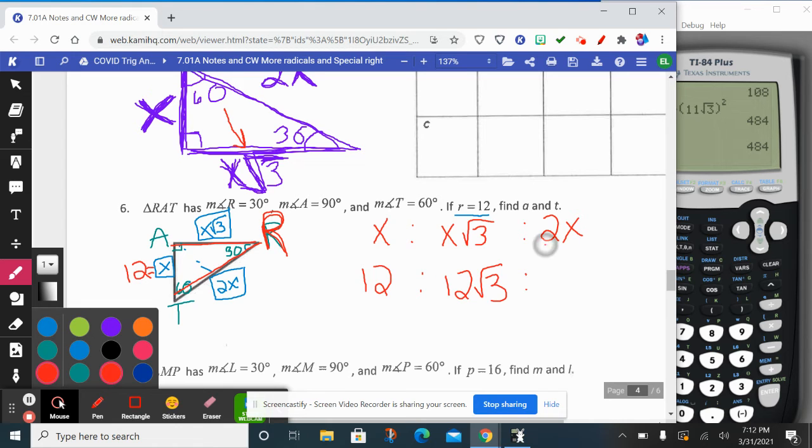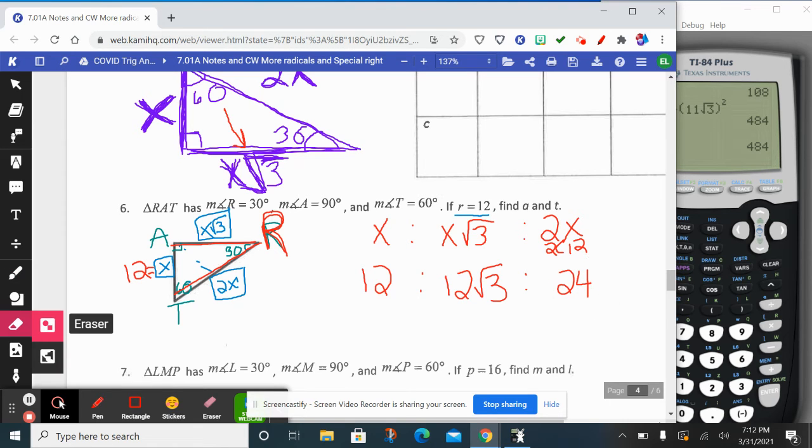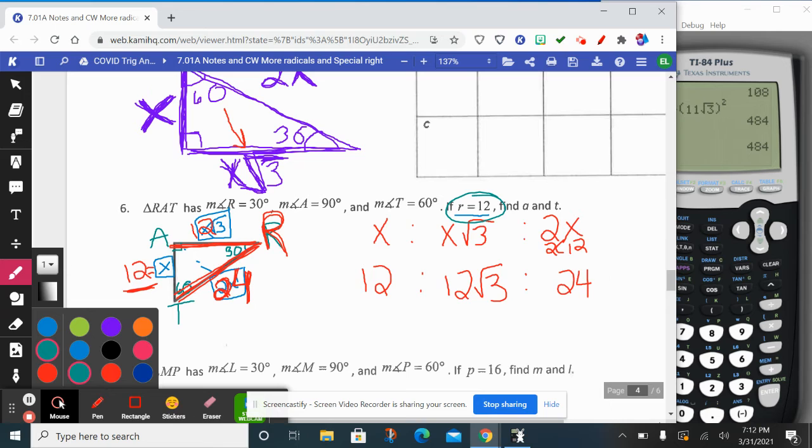It's going to be 2 times 12, which is 24. Not sure why I put parentheses there. Didn't need those. So if this side is 12, AR is going to be 12 square roots of 3, and RT is going to be 24. So again, the only information given to us was one side length. Well, we were able to find all three side measures given this rule here.